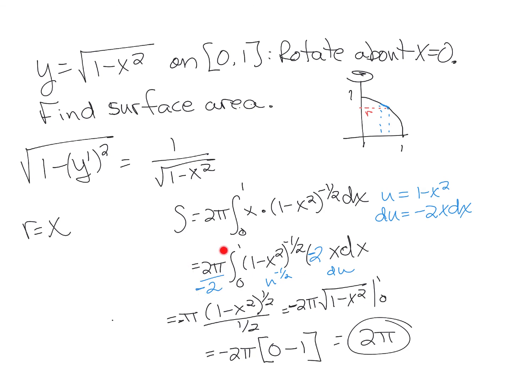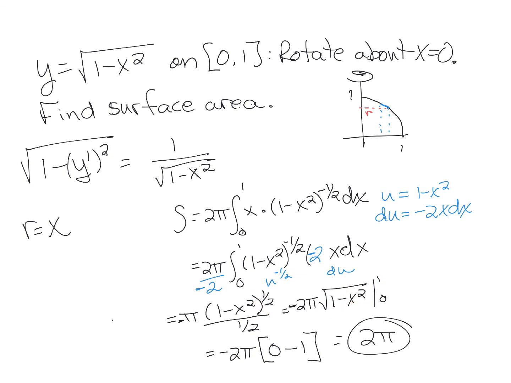So this thing out here becomes minus pi. Integrating blob to the power times the derivative of the blob means I'm going to add 1 to the power and get positive 1/2 and divide by the positive 1/2. Dividing by a fraction flips that 2 up to the top. I end up with a minus 2 pi on the outside. This piece right here is just the square root.